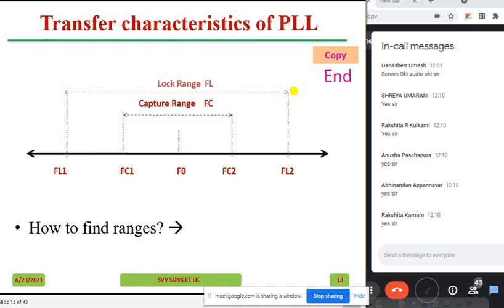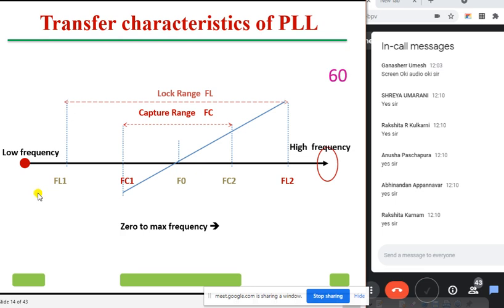So now let us consider. I am increasing the input frequency to the PLL from a lower frequency towards a higher frequency, say 100 Hertz, 1K, 1.5K, 2K, towards the maximum, infinity. At that time, I will get two frequencies, FC1 and FL2. FC1 is the capture range frequency.